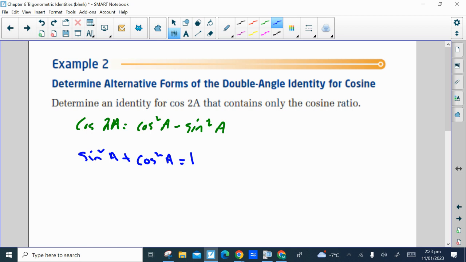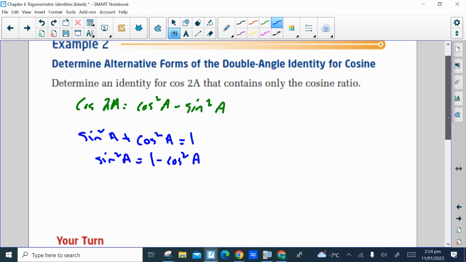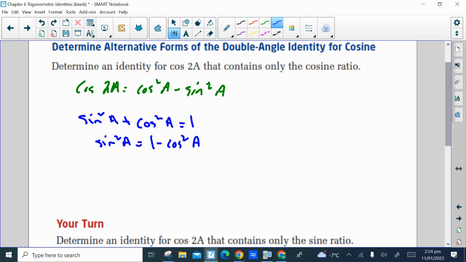Now, we want to write cos 2A so that it's only in terms of cosine. So what I can do is take this Pythagorean identity and get sine squared A by itself by subtracting cos squared A from both sides. Once we know that the identity is true, then we can move things around.